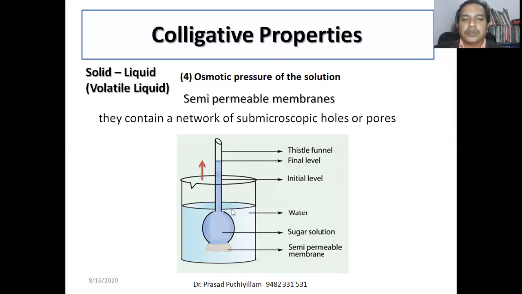This is a simple experiment to understand the process known as osmosis, related to osmotic pressure. The process of flow of solvent is called osmosis.